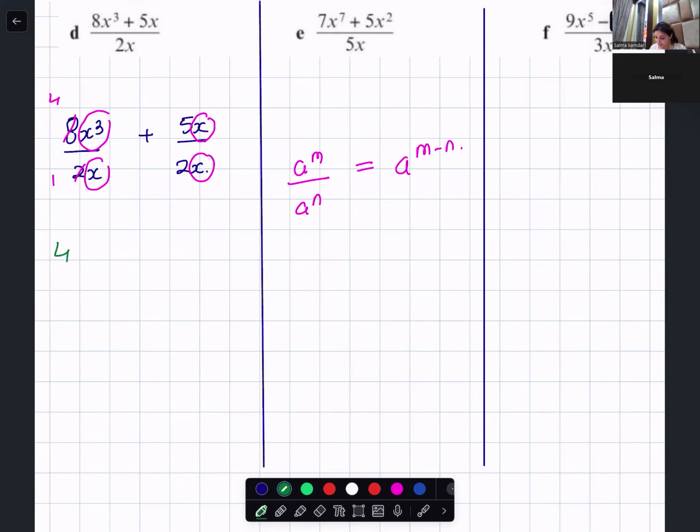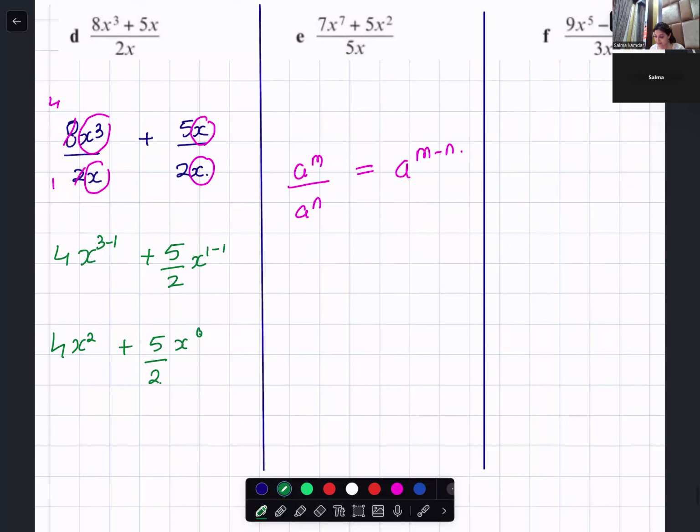So I'm going to apply the same law of indices. So this will become 4x 3 minus 1 plus 5 by 2. And this becomes x 1 minus 1. So this will become 4x squared plus 5 by 2, x raised to 0.